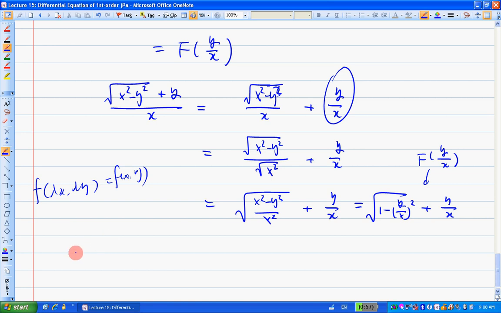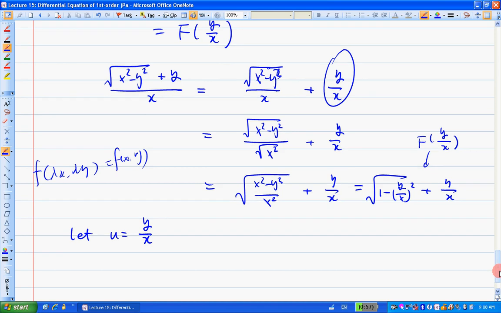So then the next step is to let u equal to y over x. So we're basically going through this whole procedure again. And y equal to ux.